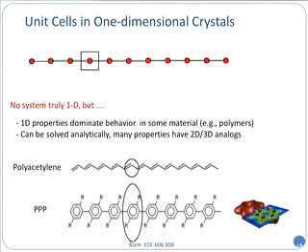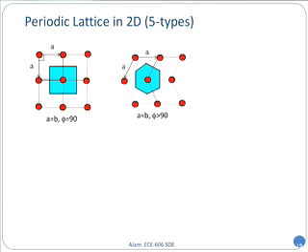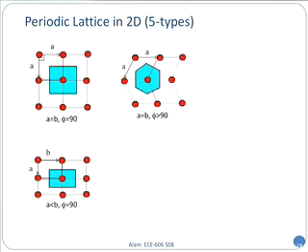What about 2D? There will be more, because 2D has two sides, a and b, and the angle in between. It turns out there are exactly 5 in 2D, and these are the 5. If the two sides are the same and the angle between is 90 degrees, that's one type. Two sides the same, angle not equal to 90 degrees, you have a second type. Two sides unequal, angle 90 degrees.